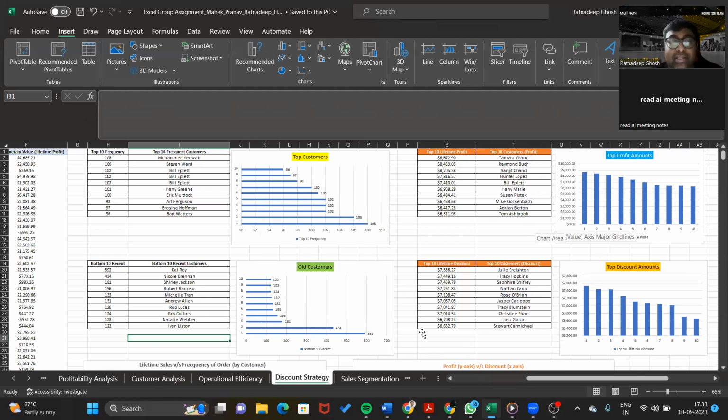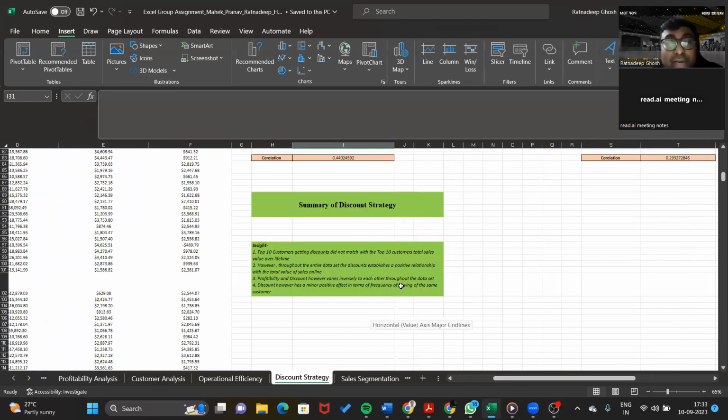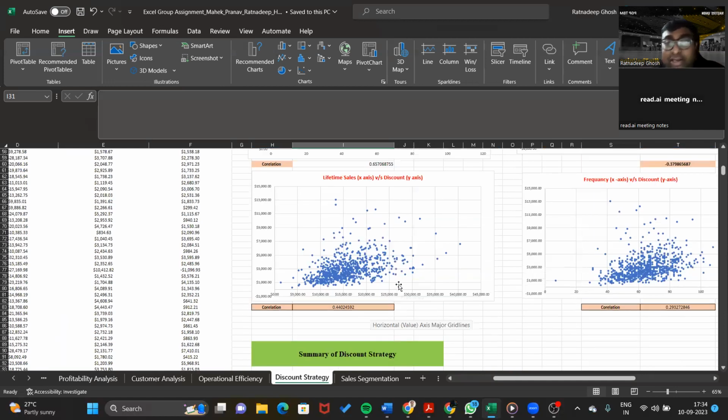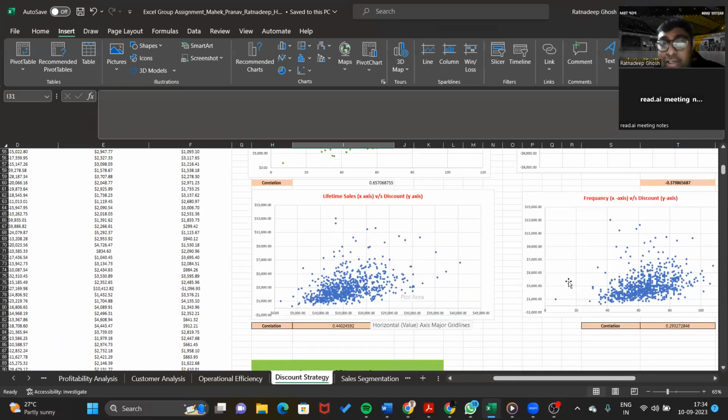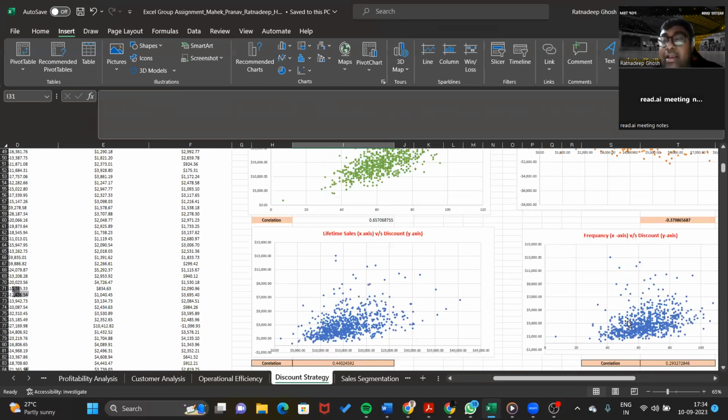Which means that giving out discounts didn't help our cause much. Giving out discounts, although it has a very little effect on the frequency of buying.